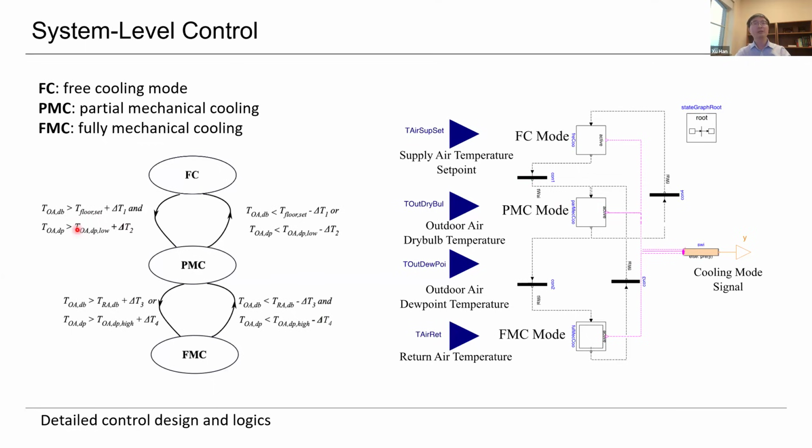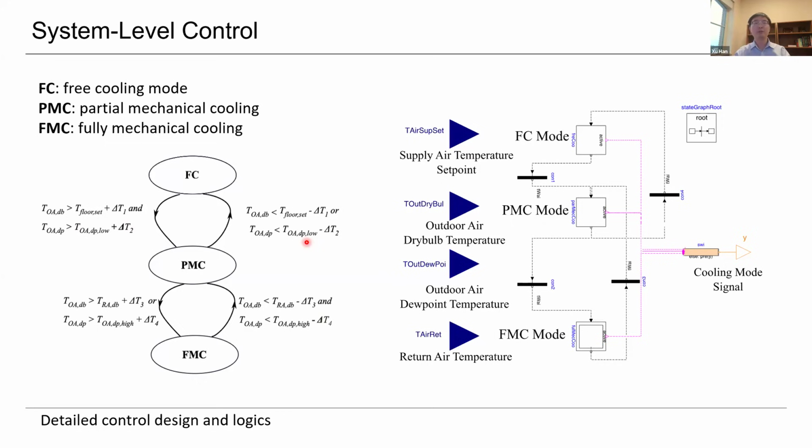For example, this condition can be defined here. This is the switch from FC to PMC. After implementing all the control logic into all the switching condition modules here, we finish this model.